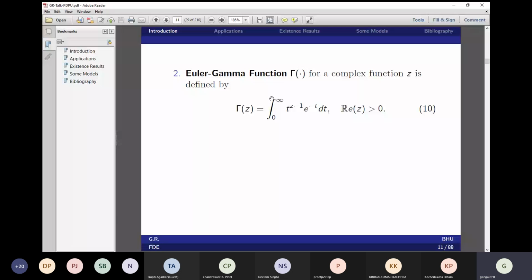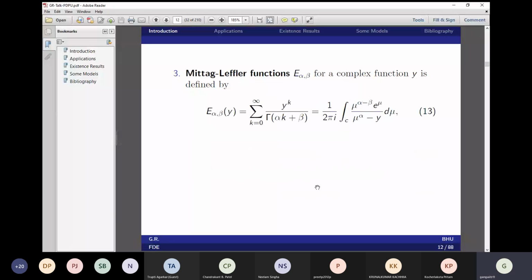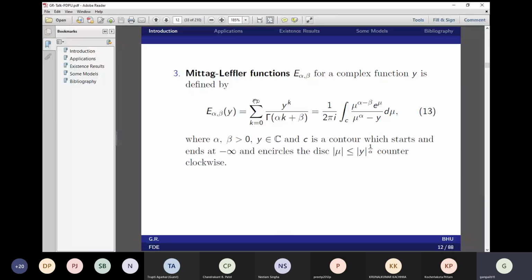For this formula we can reduce it this way. And also the Mittag-Leffler function is a generalization of the exponential function. The exponential function, hyperbolic function, and sine quotient are particular cases of the Mittag-Leffler function.